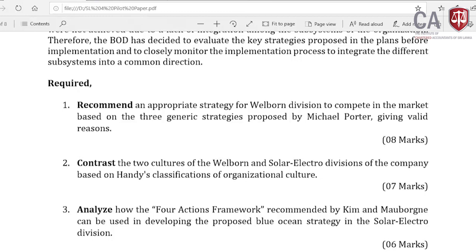But in a paper like strategic management and leadership, you have to write it. So, what is the best approach? First of all, talk about the three theories, because he is asking about the three generic strategies proposed by Michael Porter. Then tell why differentiation strategy is more appropriate for them.